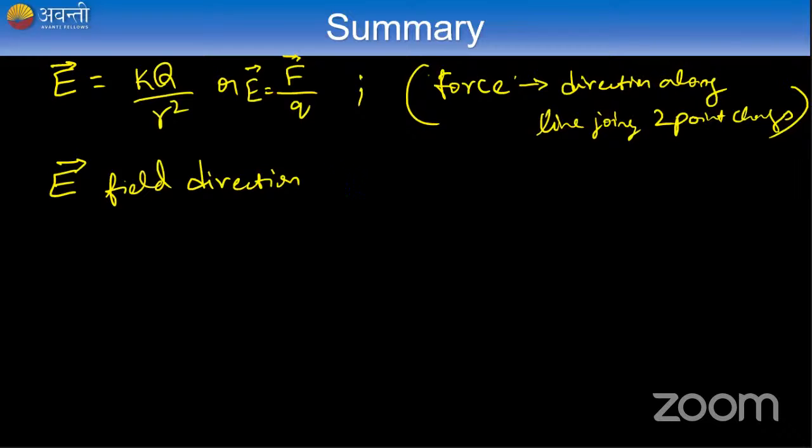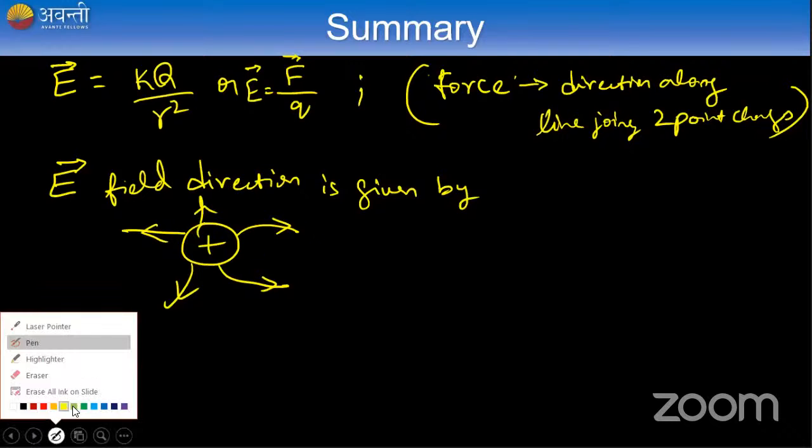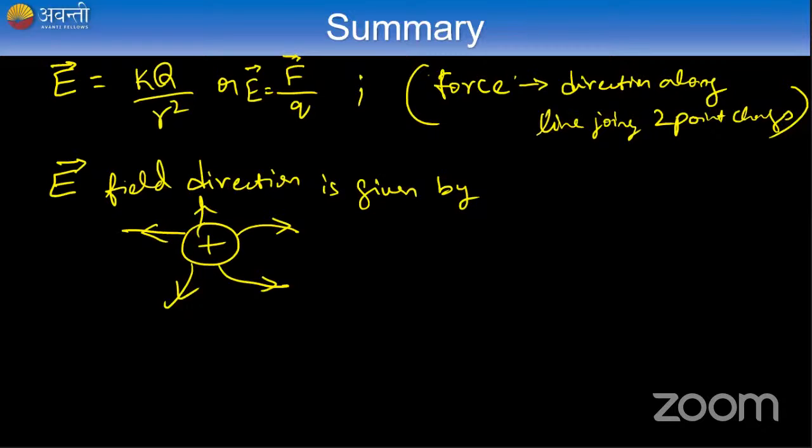So my electric field direction is given by what? If I have a positive charge, how can I give my electric field line direction? What should I draw to get the direction?